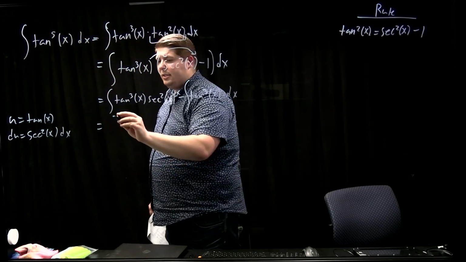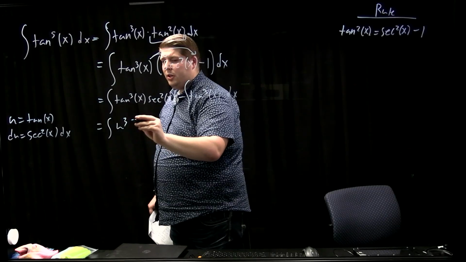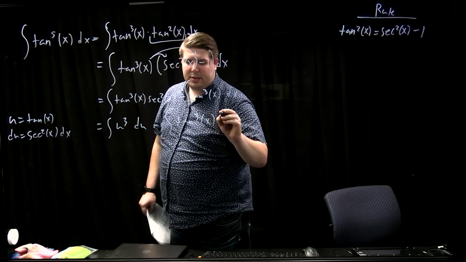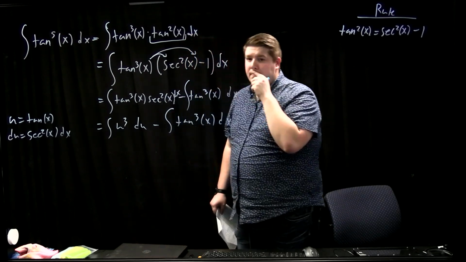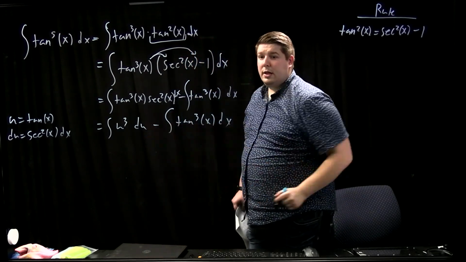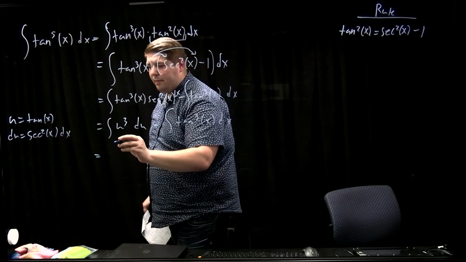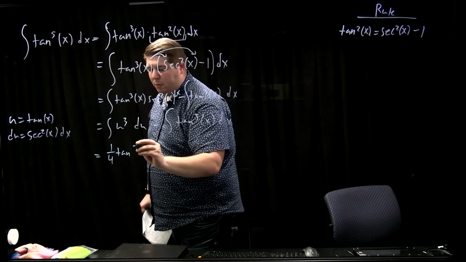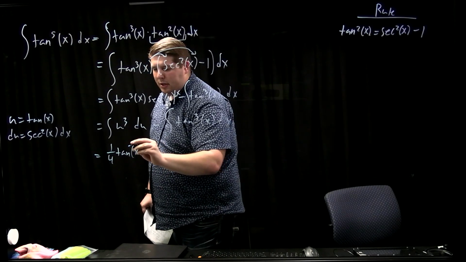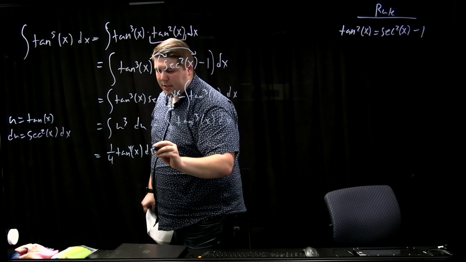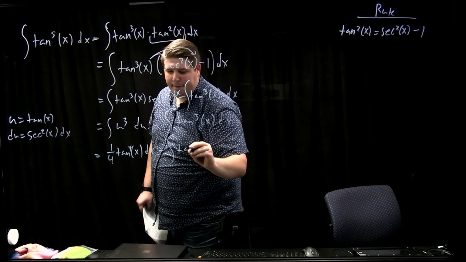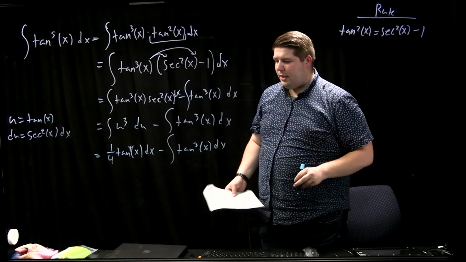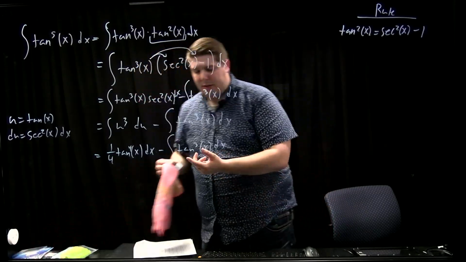And so this becomes the integral of u to the third du minus still the tangent cubed of x dx right here. So integrating that, this of course will be 1 over 4 u, but what's u? Tangent. 1 over 4 times tangent to the fourth of x minus tangent cubed of x dx. Now, let me actually expand out this tangent cubed.